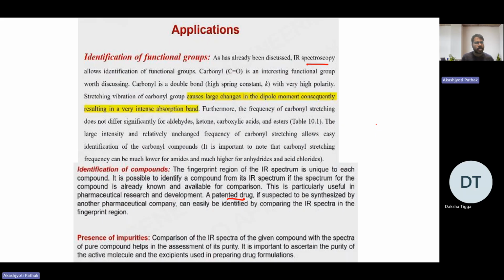There can be some adulteration. That information can be obtained by recording the IR spectra of the patented or marketed drug, and the drug which has been newly manufactured. Now we can also identify the impurities which are present in a sample or a compound.